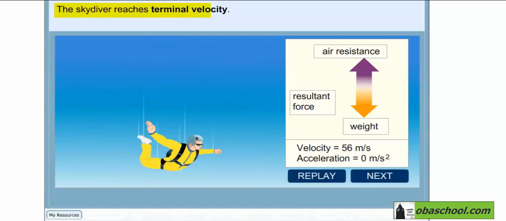Now the skydiver reaches a terminal velocity, and that is when the air resistance and the weight are equal. They become balanced forces, and the velocity equals 56 meters per second, and the acceleration due to the balanced forces is equal to 0 meters per second squared.